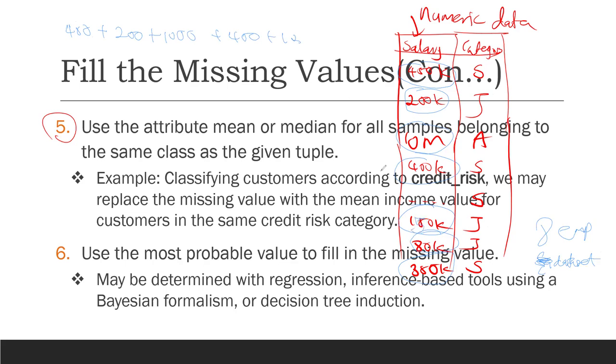Just imagine this is 150K, plus 80K plus 350K. 450, 650, 1650, 2050, 2200, then 2200 plus 350 plus 80. So the sum is what? 2630 rupees. This is K, right?